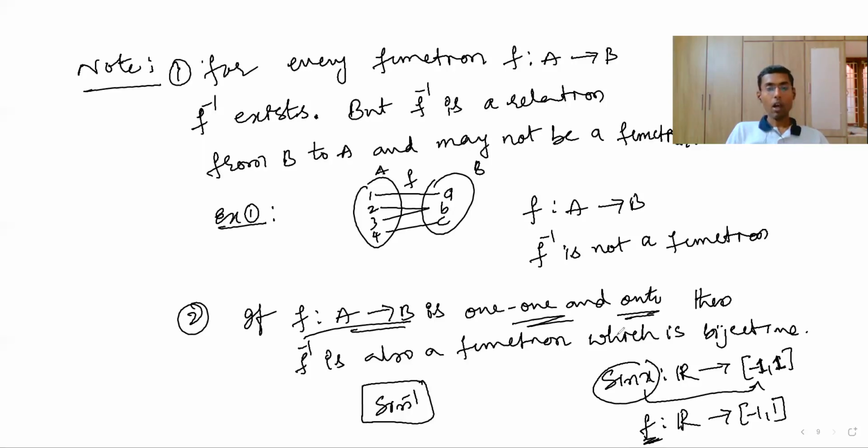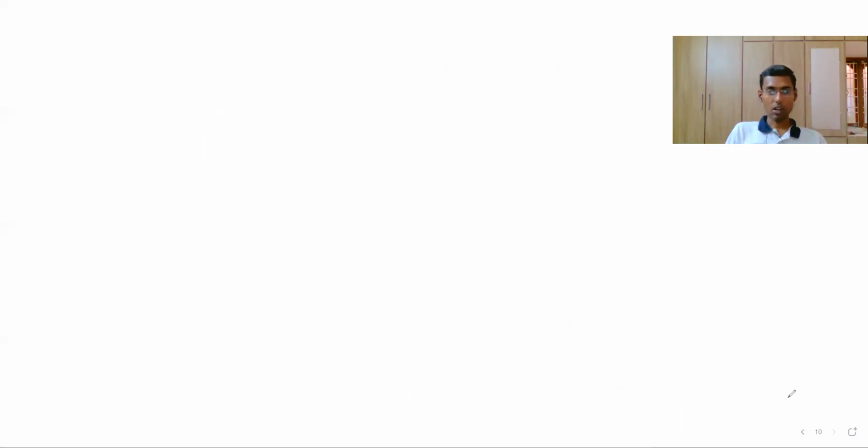That is the reason we have to discuss this, without which you will not understand deeply. So if f is 1-1 and onto, then only f inverse exists.